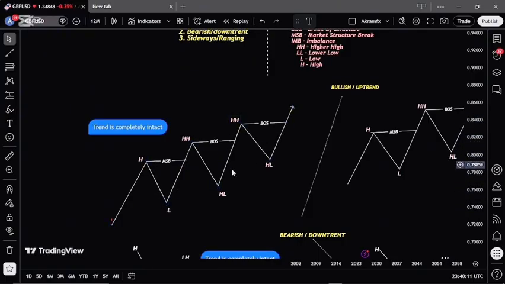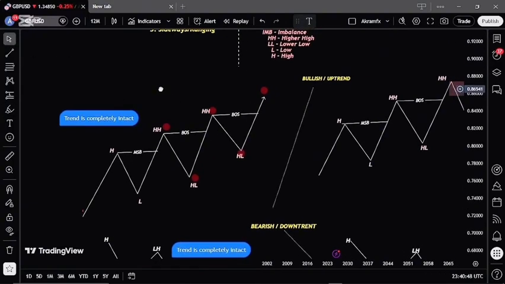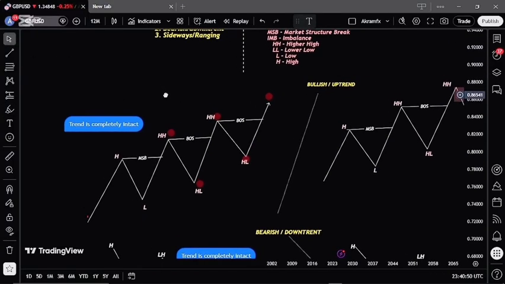This is a market where buyers are in complete control, making a series of higher highs and higher lows. You see, you have a higher high, a higher low, a higher high, a higher low, and then we also broke even. So basically, the moment you see that in the market, just know you only look for buying entries.